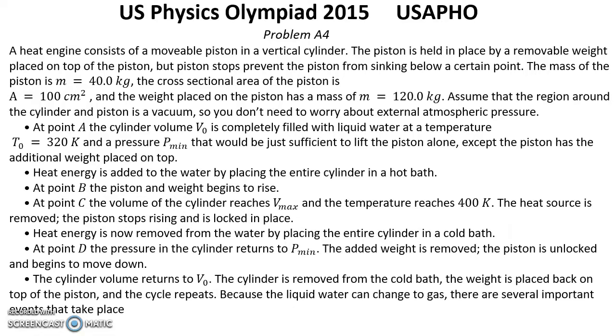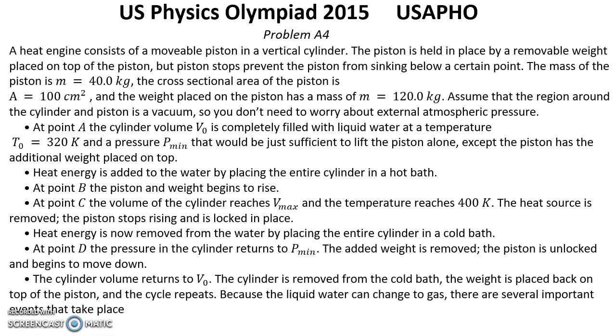The heat source is removed. The piston stops rising and is locked in place. Heat energy is now removed from the water by placing the entire cylinder in a cold bath. At point D, the pressure in the cylinder returns to P minimum.